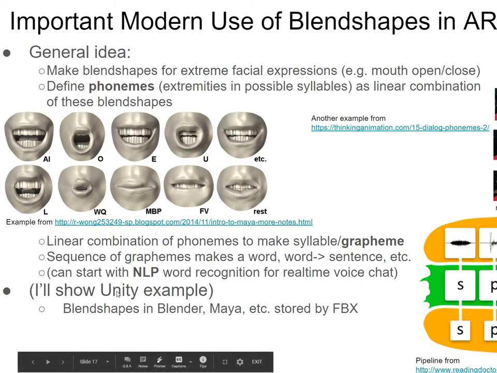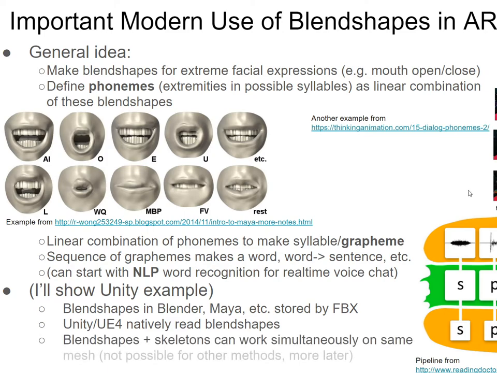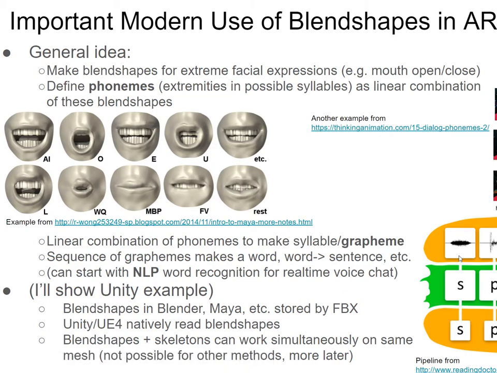In this case, they're storing blend shapes. Unreal and Unity both natively have support for blend shapes nowadays, which is nice. We'll talk about skeletons soon, but blend shapes and skeletons can work simultaneously on the same mesh, which other methods cannot do.